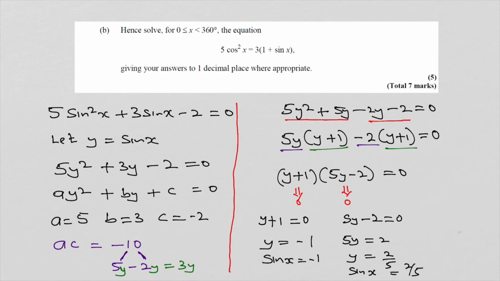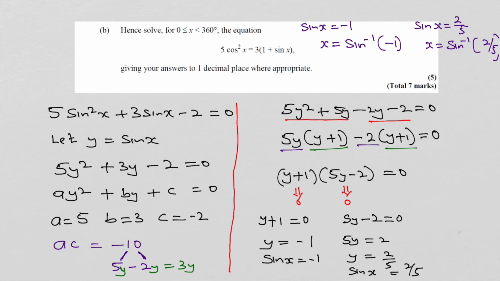So therefore, we need to now solve for x in both cases. When sine x equals minus 1, x equals inverse sine of minus 1. And also when sine x equals 2 over 5, x equals inverse sine of 2 over 5.